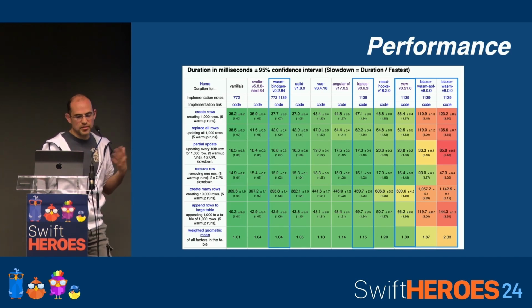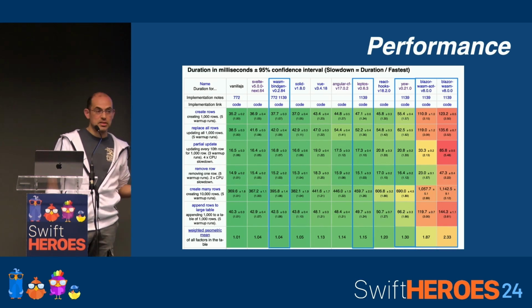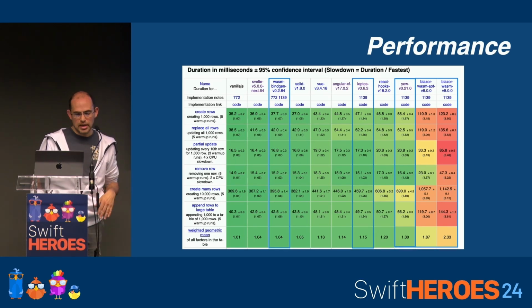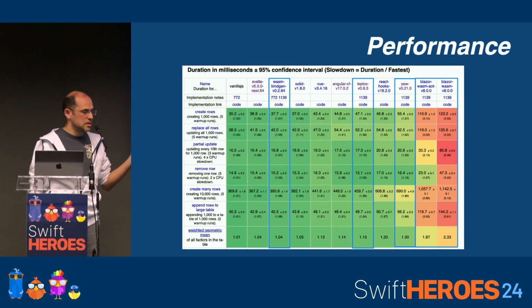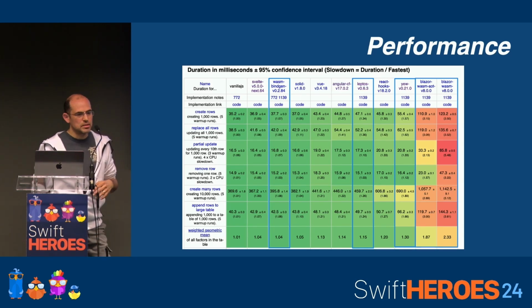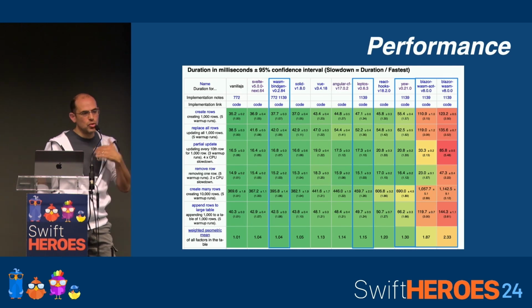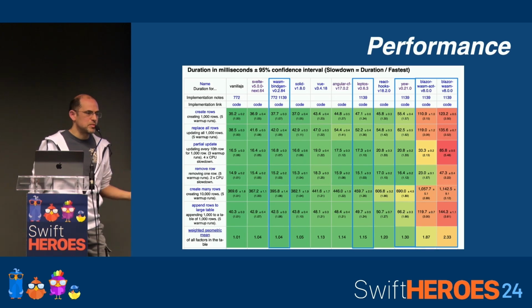In the first column there is vanilla JavaScript, so JavaScript only, and this is the base point. We see that it's not so fast. Maybe React, okay, it's in the last position, but we have also other WebAssembly frameworks that are slower.